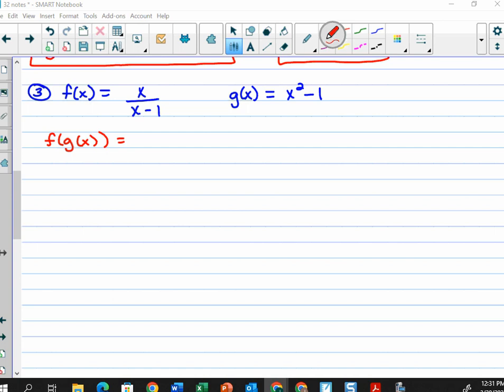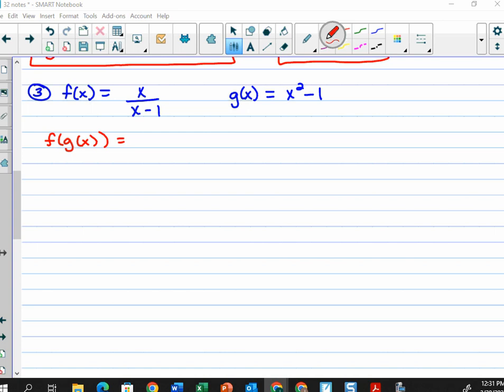You could leave it as x minus 1 quantity squared, or you could multiply it out. Either one's fine. So it would be x squared over x squared minus 2x plus 1.